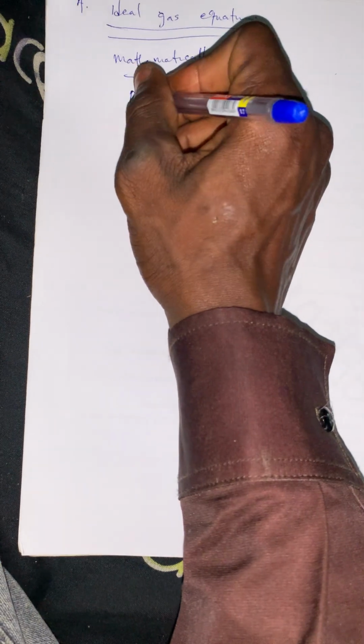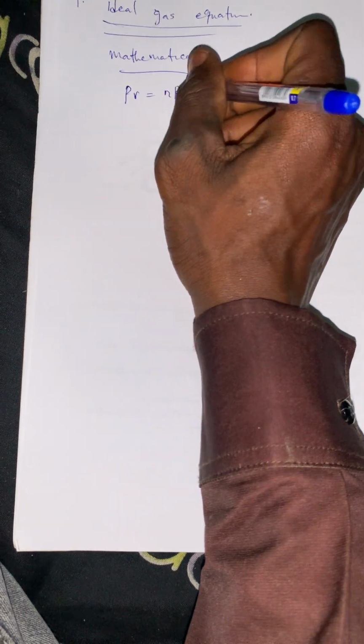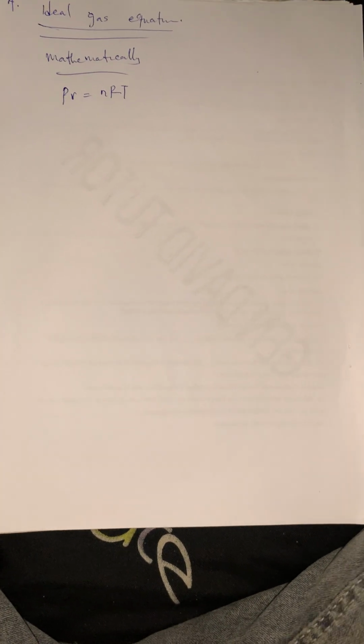Now, what is the ideal gas equation? The ideal gas equation mathematically says PV equals nRT.